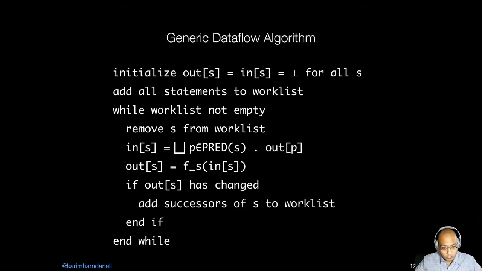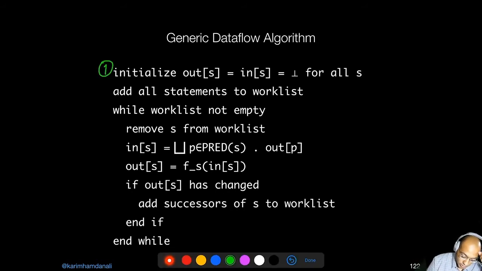So having defined all that, this is actually going to be the algorithm that is configurable enough to solve various different classes of static analysis using the monotone framework. So this is the general data flow algorithm. First, we're going to initialize.